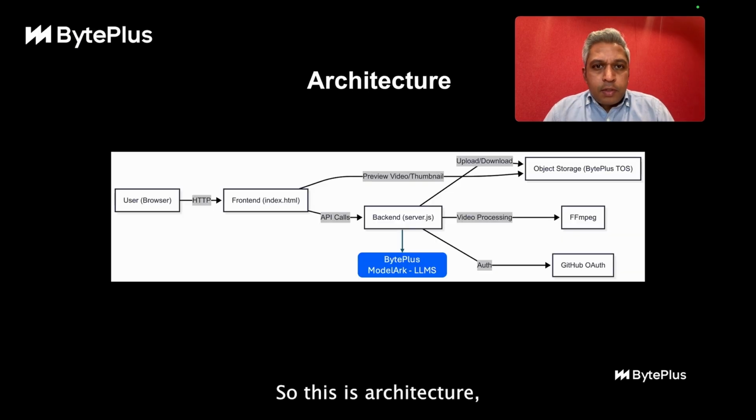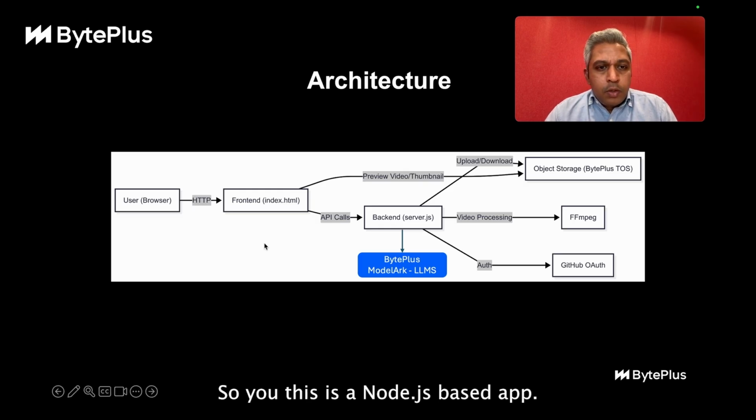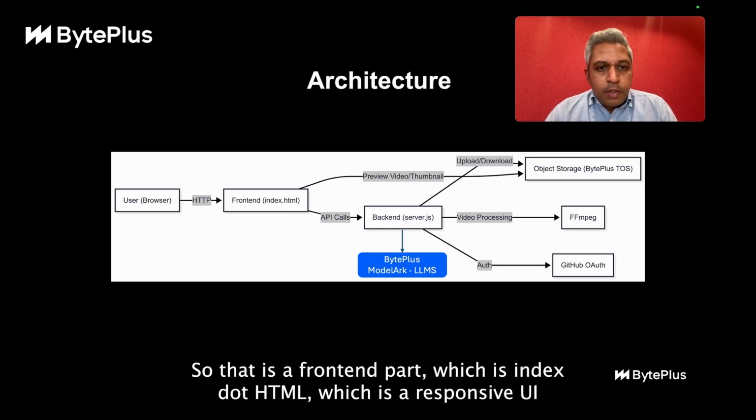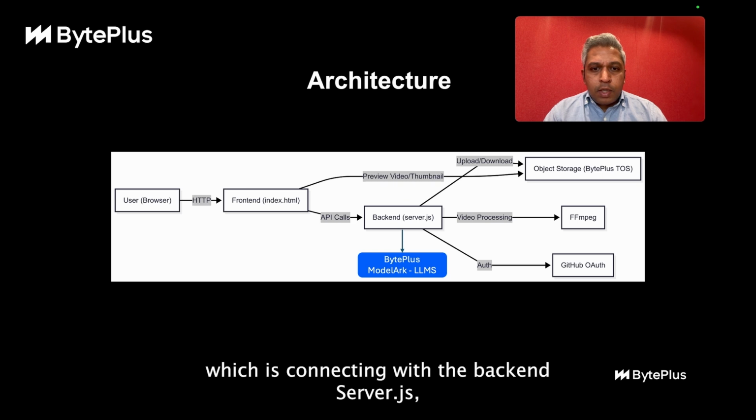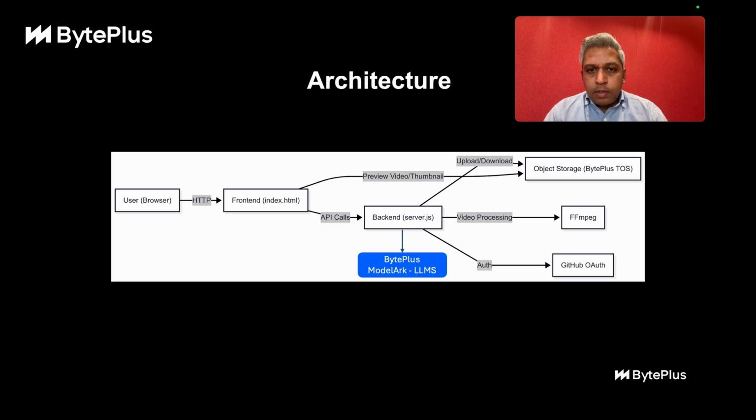So this is the architecture on a high level, how the app has been implemented. This is a Node.js based app. There is a front end part, which is index.html, which is a responsive UI, which is connecting with the backend server.js, which has 4 major functionalities.